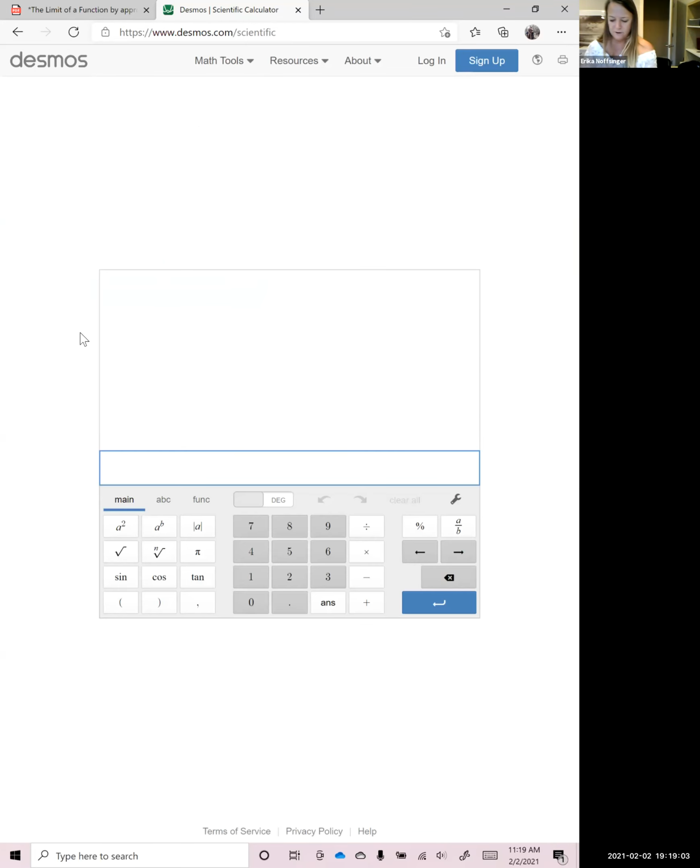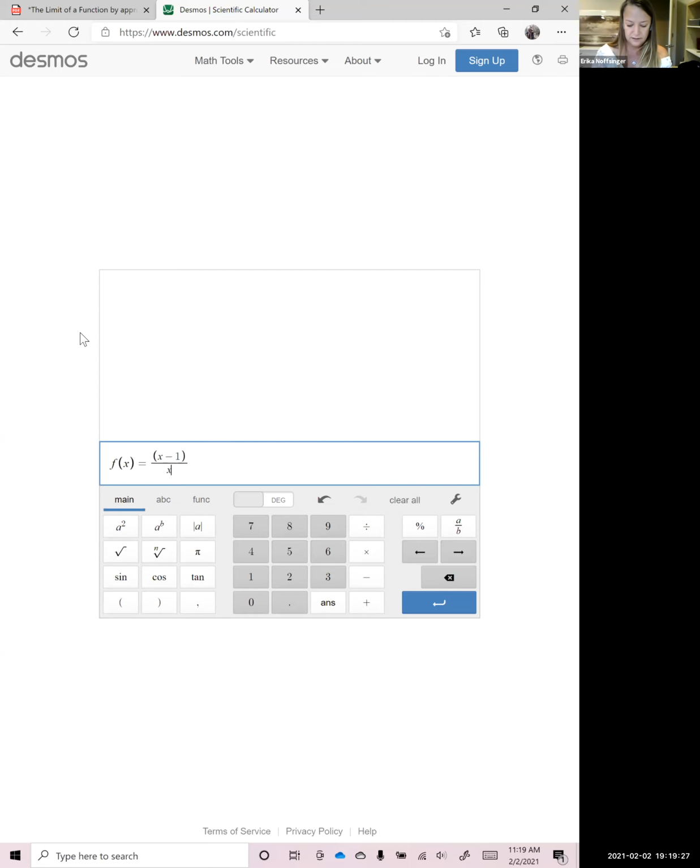So go to Math Tools in Desmos.com, go to Scientific Calculator. We're going to define our function. So f of x, this was the rational function equal to x minus 1. I'm going to put parentheses around that whole thing so that it knows that this is a rational function. And then I'm going to push divide, and the next piece of that rational function was x squared minus 1.